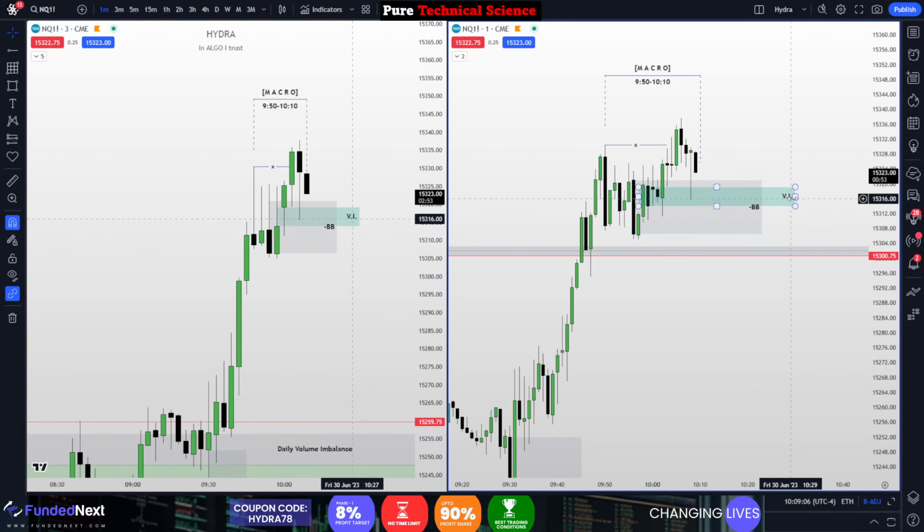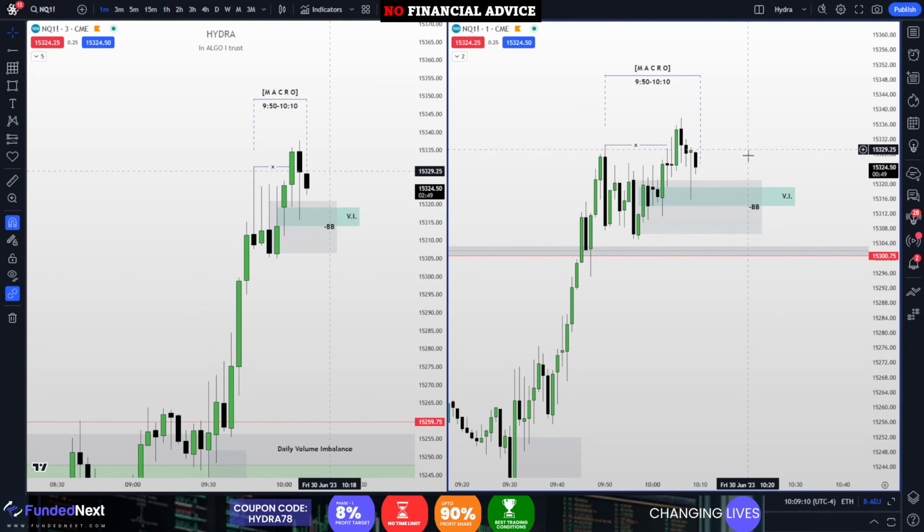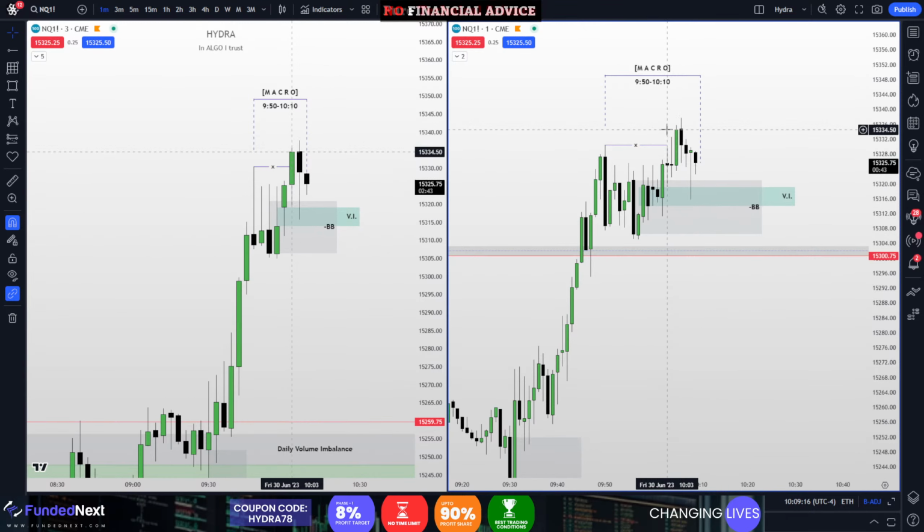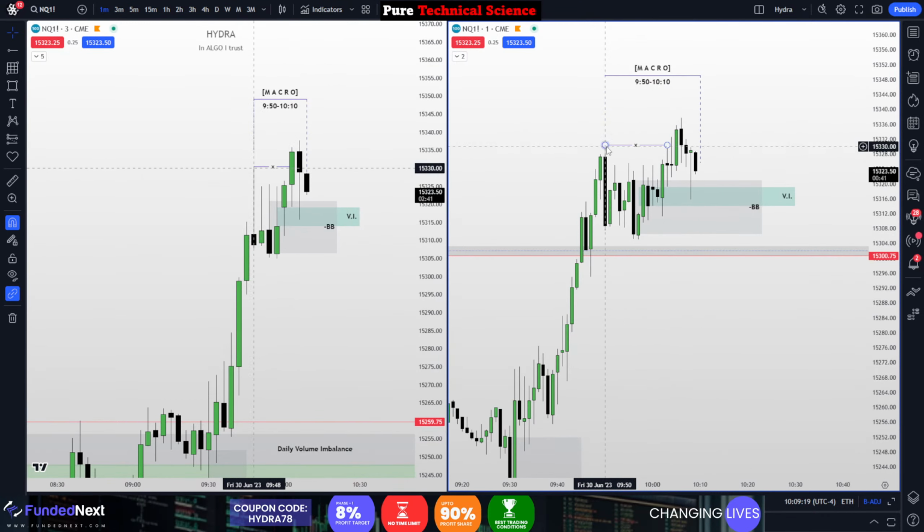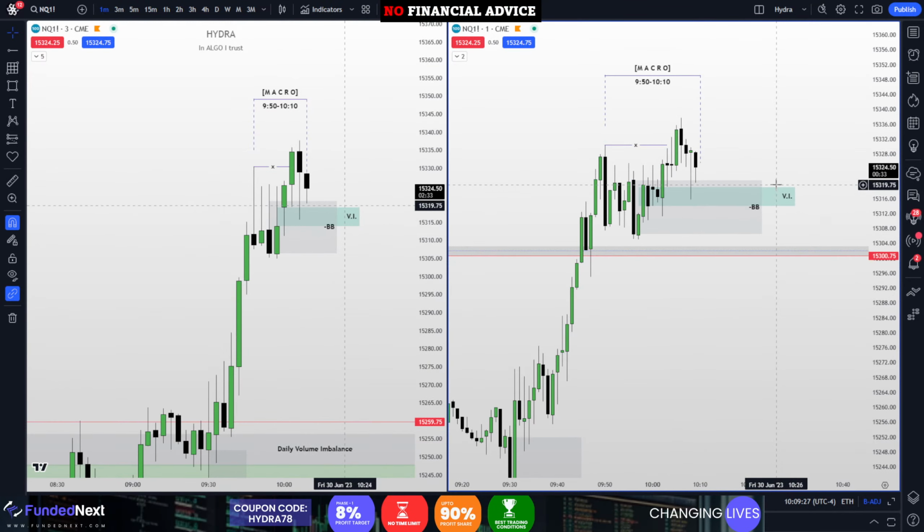So this volume imbalance is still providing support. If it's getting failed, this will be a second confirmation for us to take this setup in this breaker block. First confirmation is price in a premium zone. Second one is price cleared out the buy side liquidity from here, so basically a stop hunt happened, or you can say a turtle soup. Third confirmation will be if this volume imbalance is getting failed, and at the fourth confirmation I will engage in this breaker block.